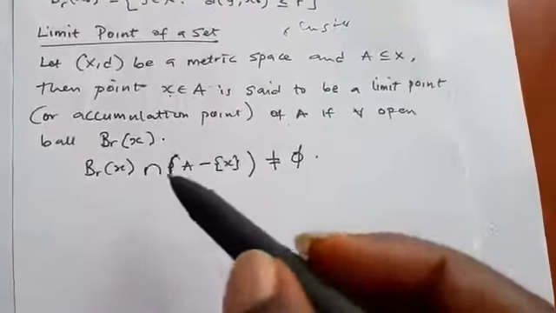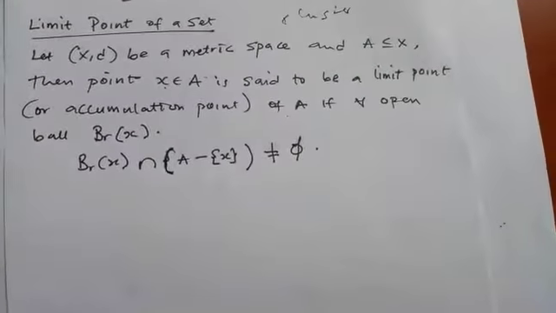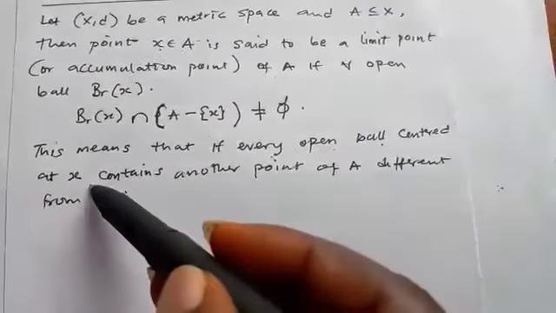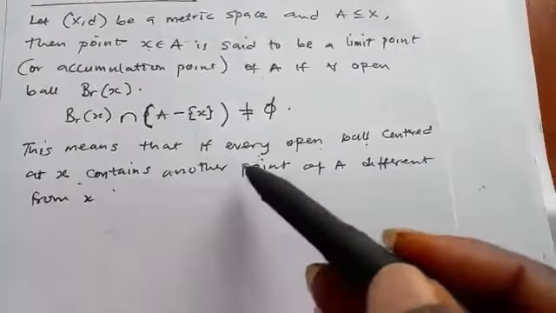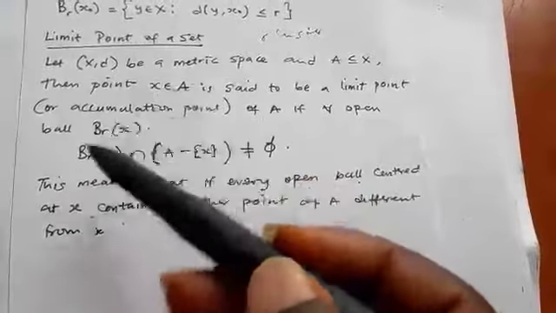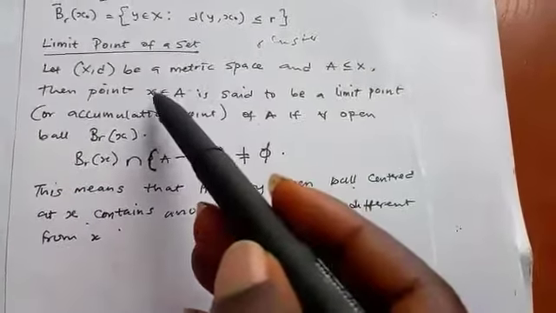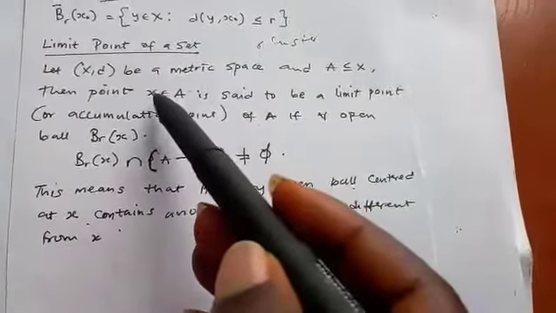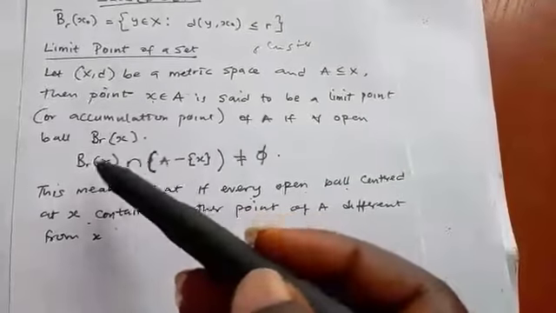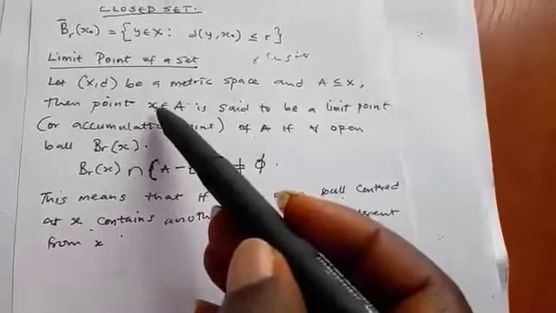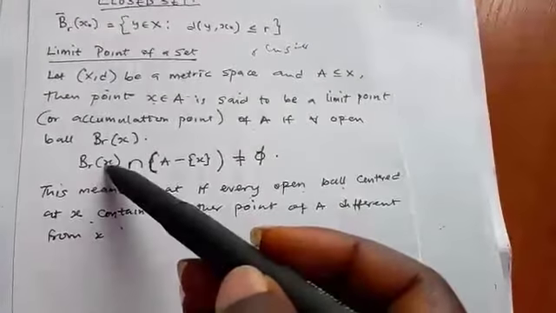What this definition simply means is that every open ball centered at X contains another point of A different from X. For us to call X a limit point or accumulation point, X must first belong to A. Then that X, we call it a limit point if there exists an open ball centered on X. That is why we put it here.